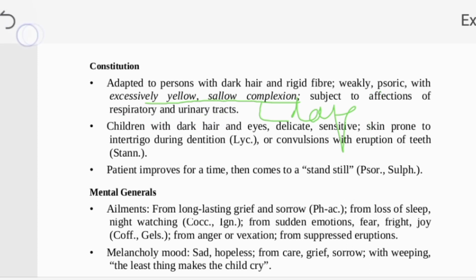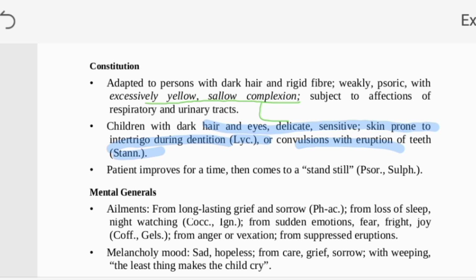Then children are mainly light haired, delicate, sensitive. Mainly during dentition they have convulsions, eruptions, epilepsy or convulsion-like things happen, like sepia and like cuprum. Okay, then the patient improves for a time, then comes to a standstill. That is the important peculiar point.